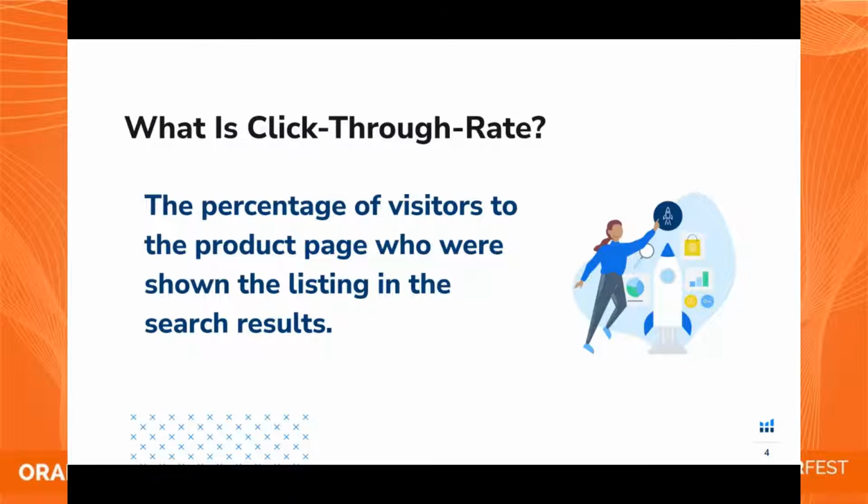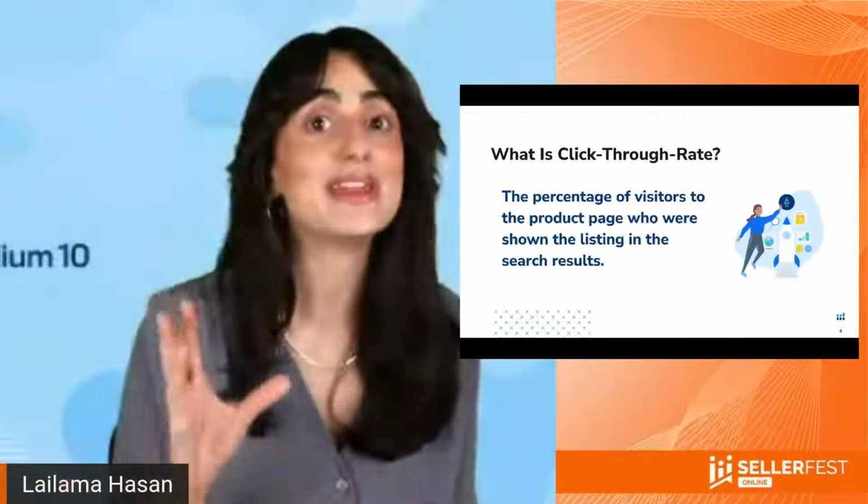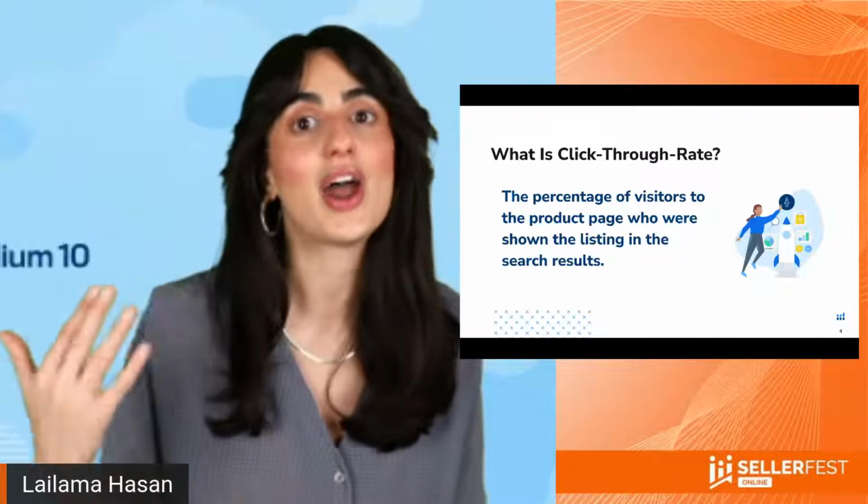The more people who click on your listing from all those different competitors that they see, the higher your click-through rate will be. And that is kind of the reason why we want our main image to be optimized for a higher click-through rate.